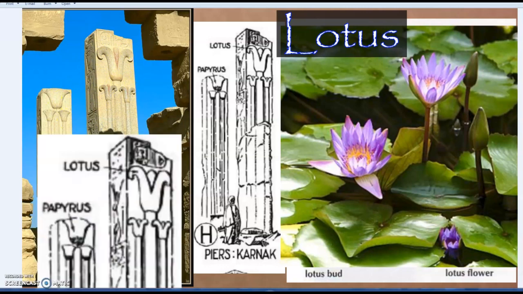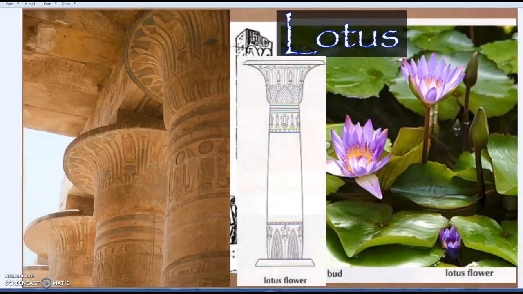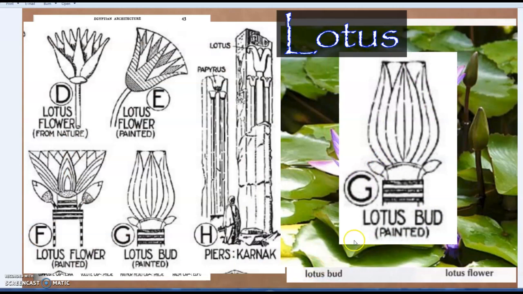Now that's an important feature for many reasons, and here are lotus flower columns. They tend to be less intricately carved, but the lotus and the papyrus are linked in a very important way. There are some lotus buds, and that's another form of Egyptian column design.